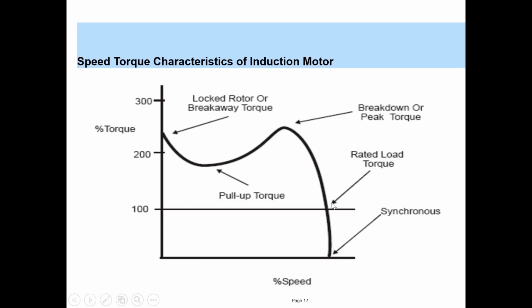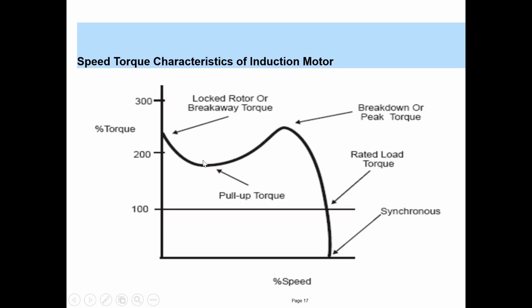Now let's consider the same scenario in the other direction. Let's say for some reason the speed is reduced. As speed reduces, the torque increases. So this increased torque will result in an additional speed, and it will come back to this point. So your motor constantly operates at this point only.